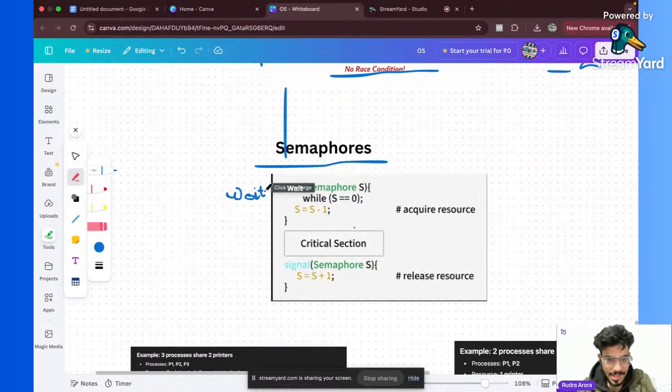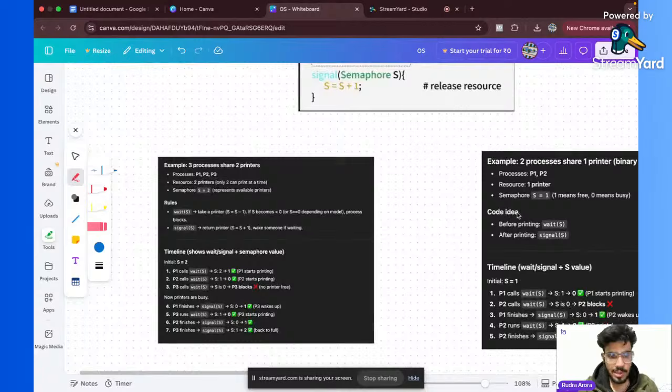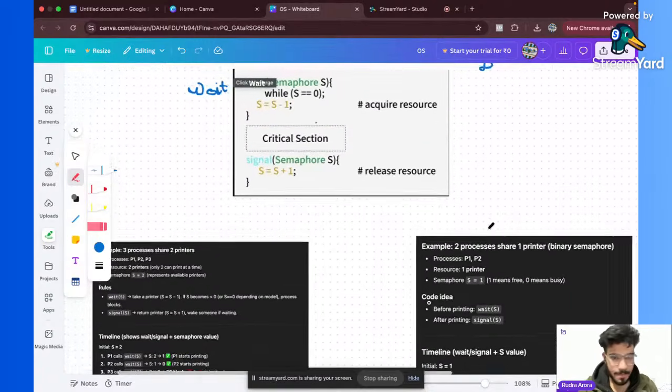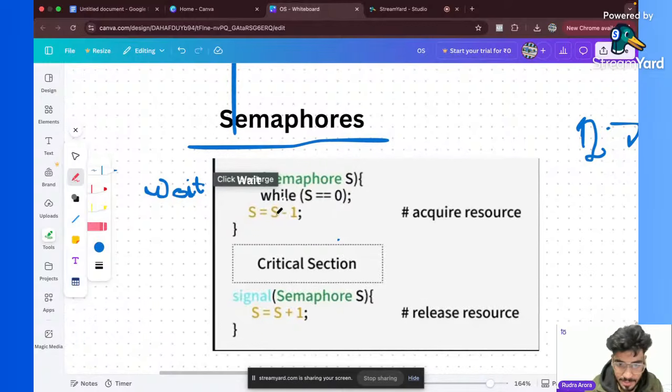Once you understand what wait and signal are, it will be easy for you to understand how it can cater to the need of more than two processes. I have also brought some examples. What wait will do is s minus minus.